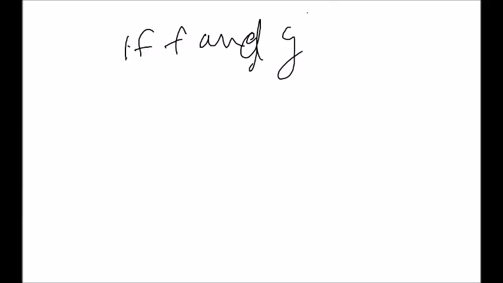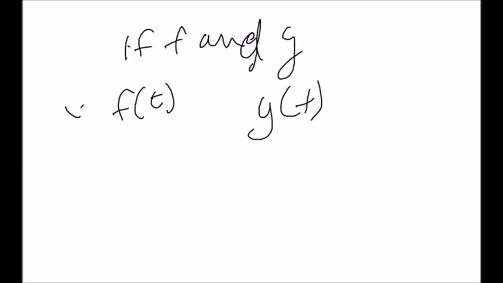So, let's see, if f and g are continuous functions of t, so f of t and g of t, they're continuous functions of t on an interval I, then the equations x equals f of t and y equals g of t are parametric equations, and t is the parameter.